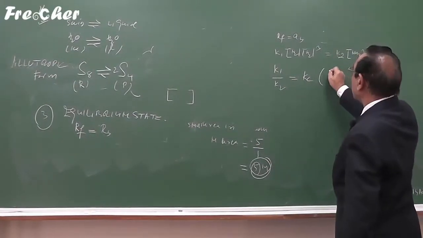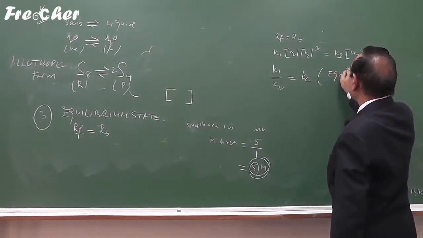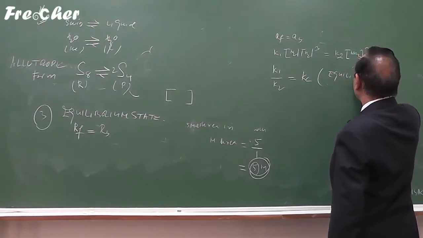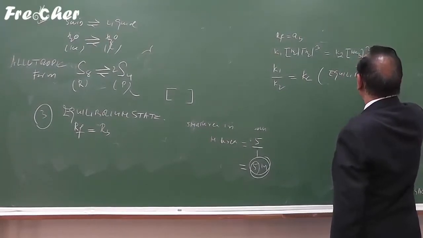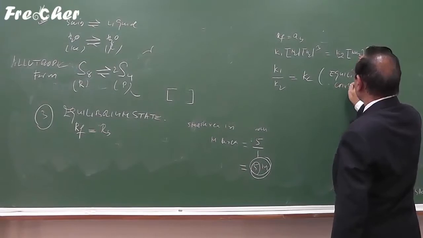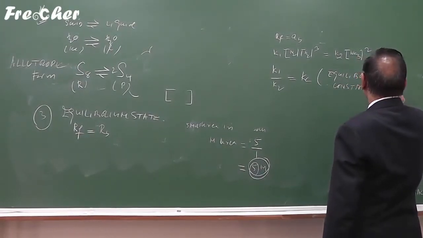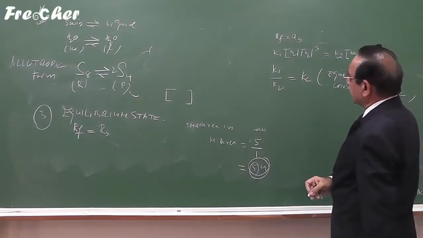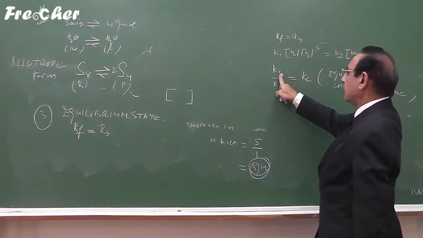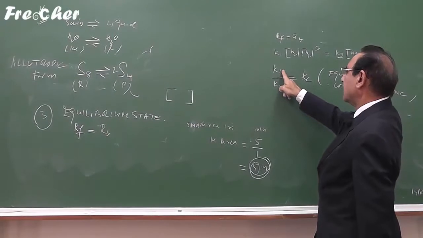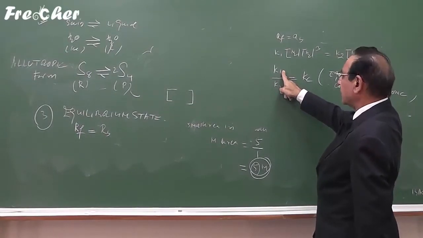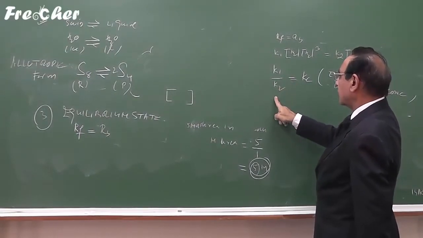It is called the equilibrium constant of concentration. C for concentration. One definition is, you can define it as the ratio of rate constant forward to rate constant backward.